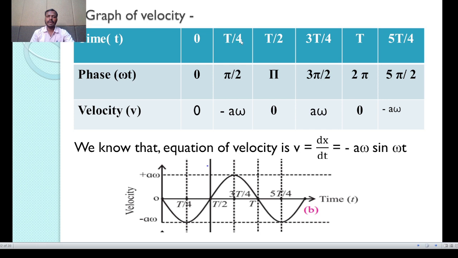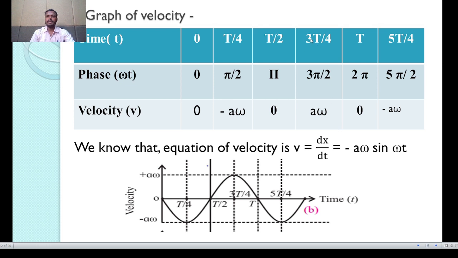So when the time is T divided by 4, the velocity becomes minus a omega. The point is here. When the time is T divided by 2, the phase is pi, sin pi is 0, 0 multiplied by minus a omega, that is 0. So we can write here, when the time is T divided by 2, the phase is pi and velocity is 0. So the point is here.